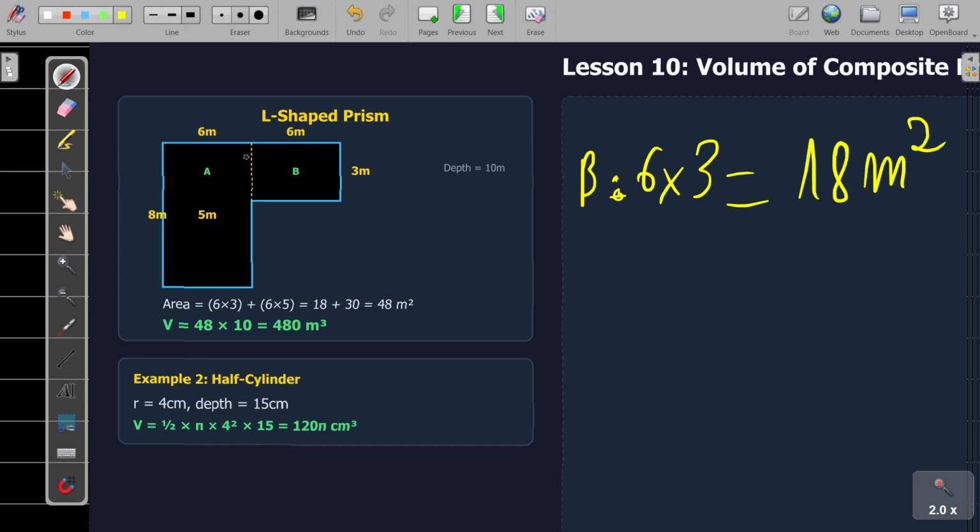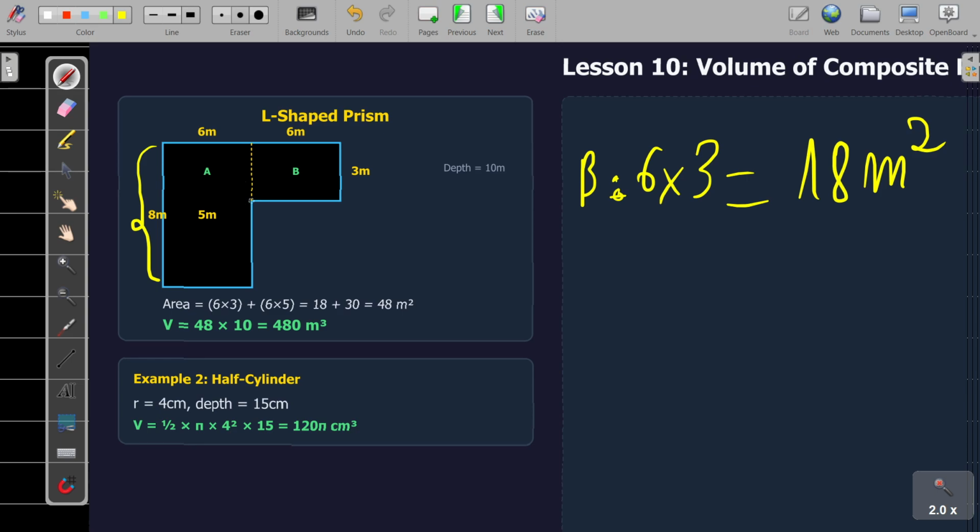The bottom rectangle, A: we know for sure this has to be 8, the entirety of the length itself.